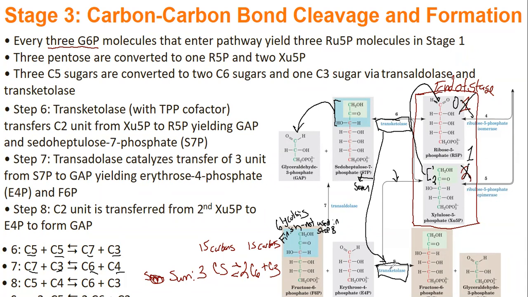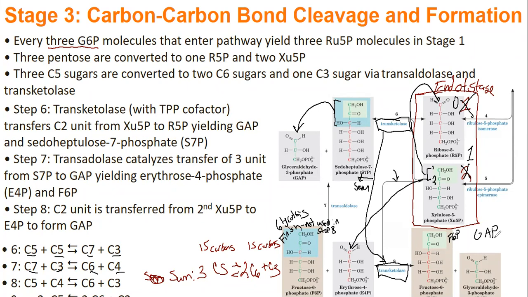We're taking the first 2 carbons from xylulose, and this time we're attaching them onto the top 2 carbons of erythrose. And what we make is another molecule of fructose 6-phosphate plus GAP.